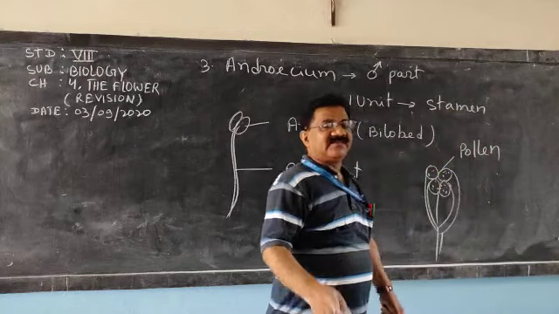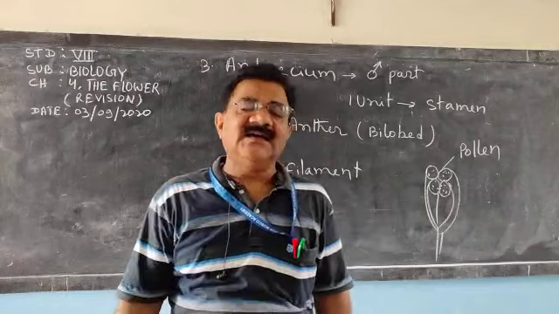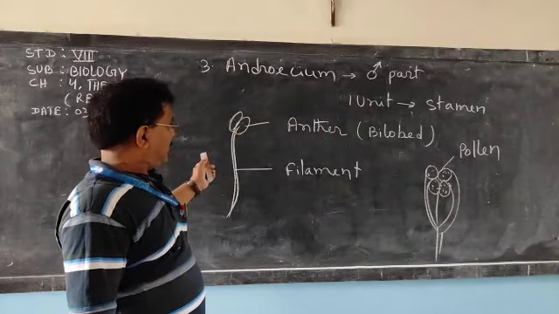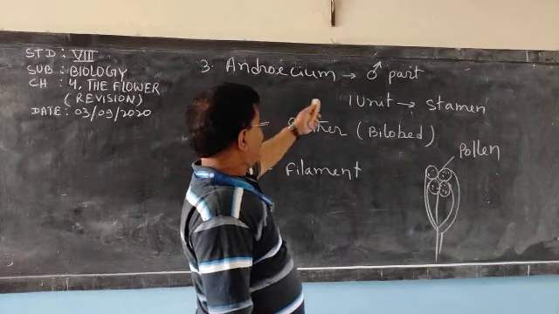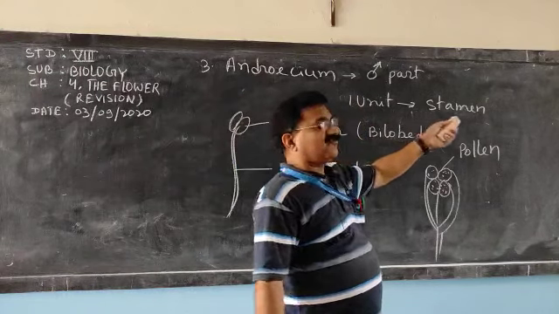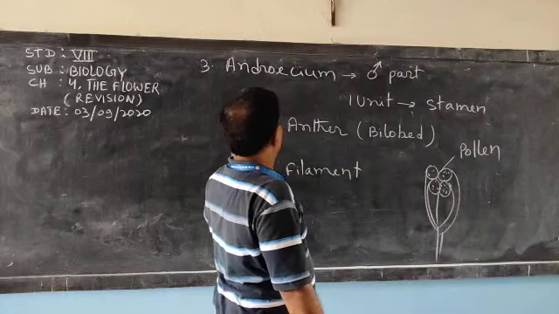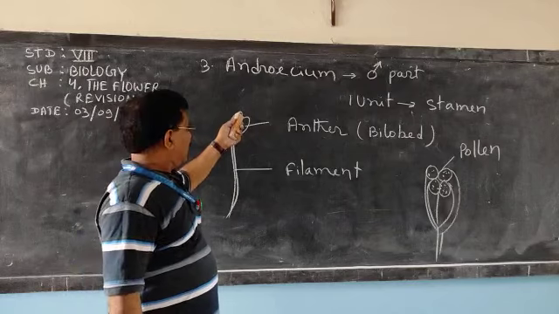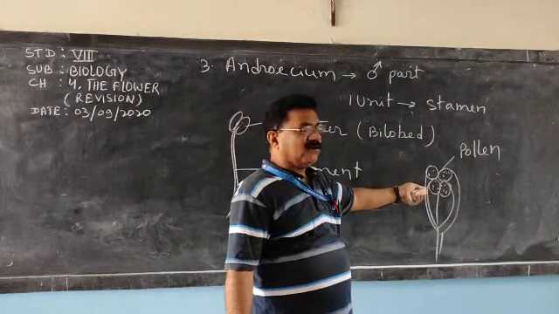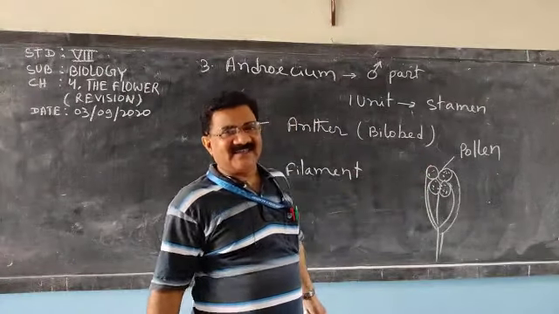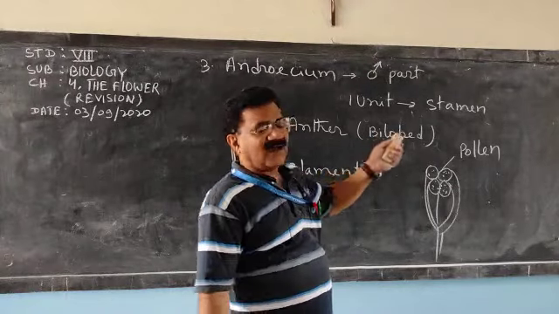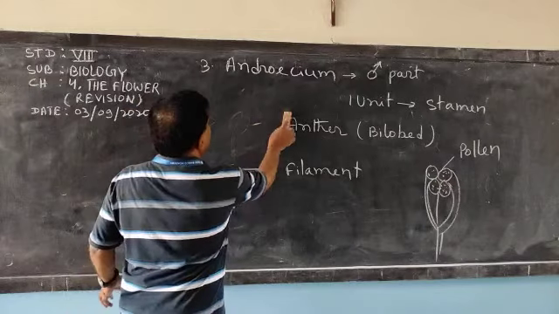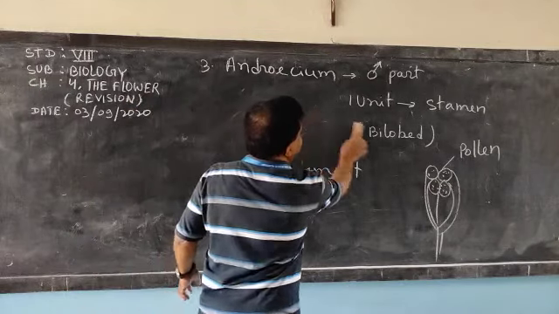Pollen grains are the male gametes of the flower. So androecium part is clear. It is the male part of the flower, one unit is called stamen. Stamen contains filament and anther. Anther is bilobed, each lobe has two chambers, and pollen grains are present in the anther. Very clear? Next, coming to the fourth whorl.